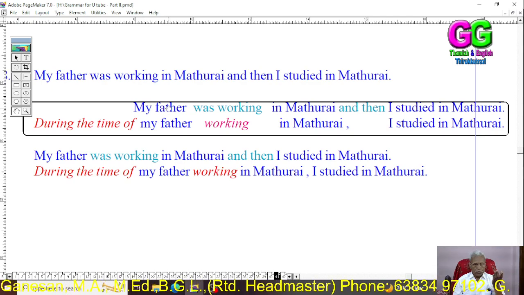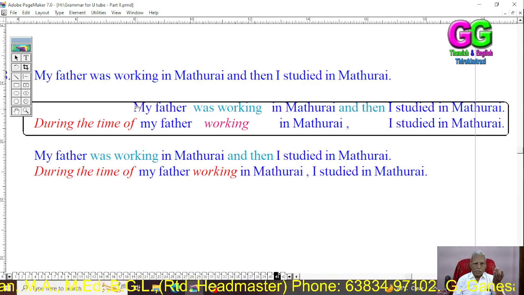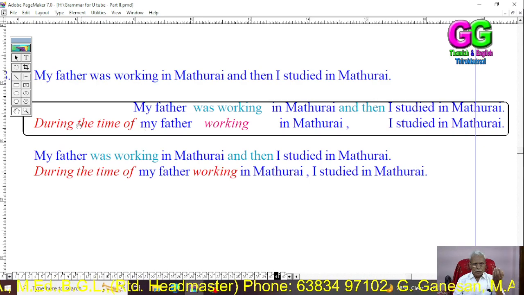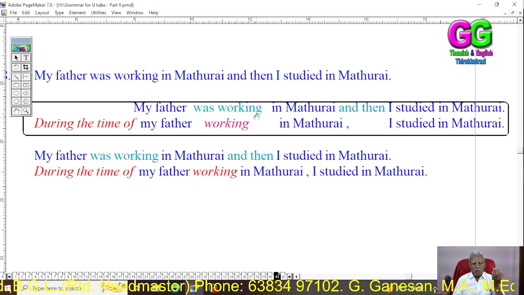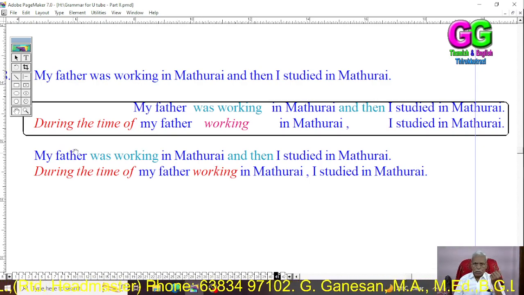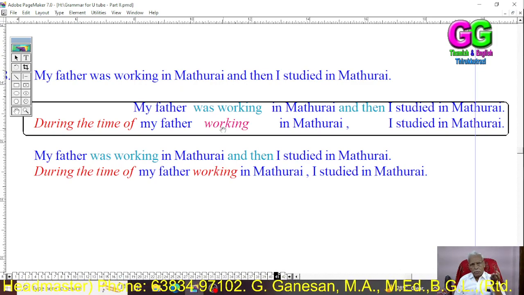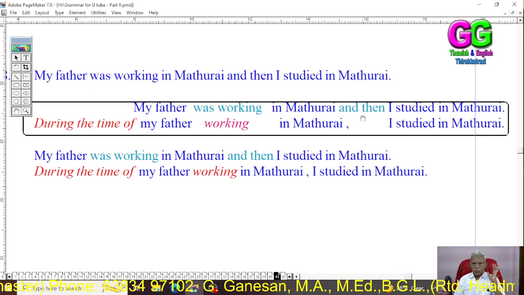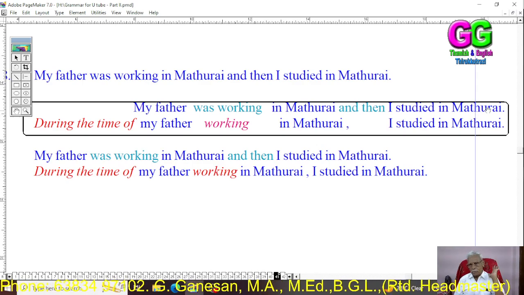My father, there is no change, but the capital M is reduced into small m. During the time of my father was working, the past continuous is reduced into present participle, working. Then "and then" is removed, and all other things are kept as well.